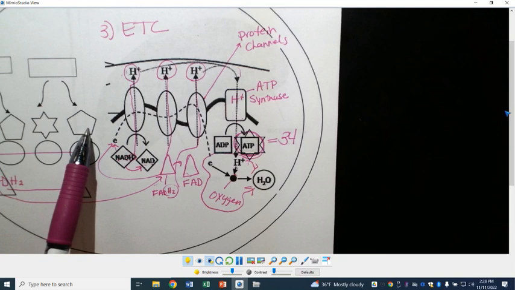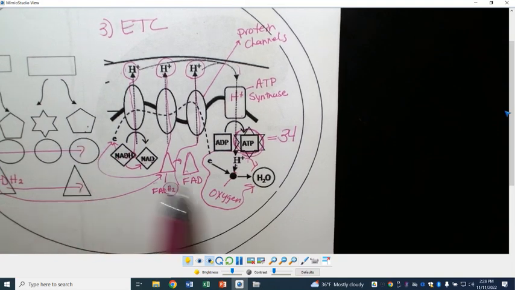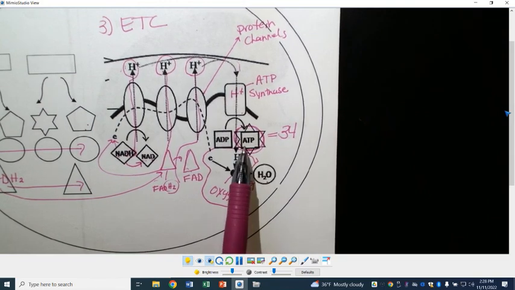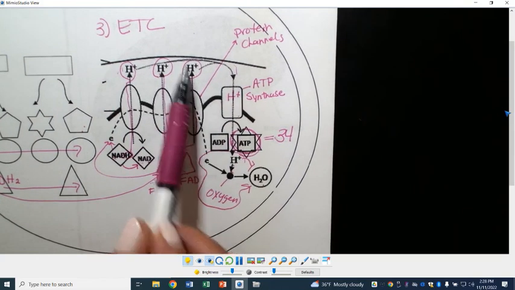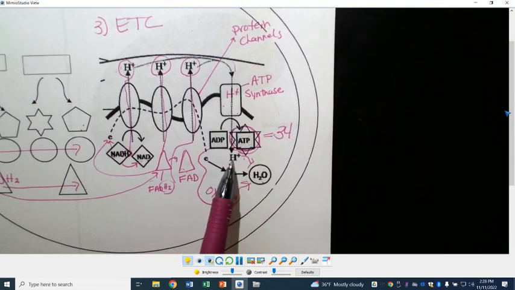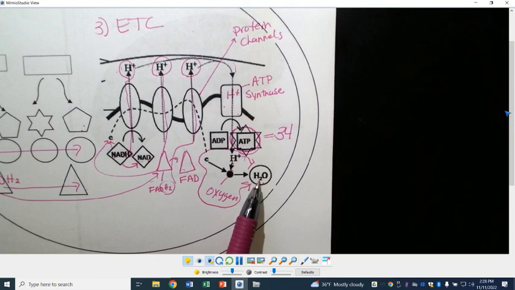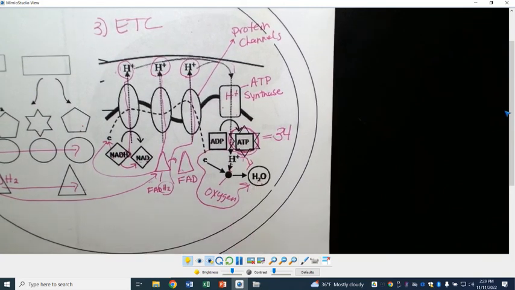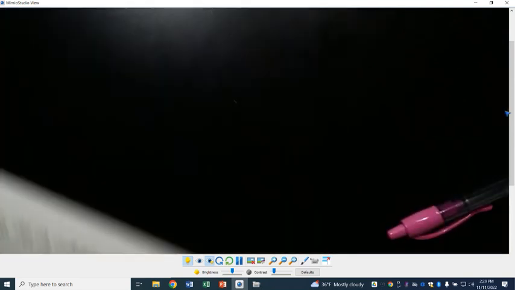That's one of the products of cellular respiration. Another product is water, and then the last product is ATP. Okay? So the purpose of the hydrogen is to open up the enzyme and get it working. Okay? Also, the hydrogen helps to make the water in the product. Okay? And that's it.